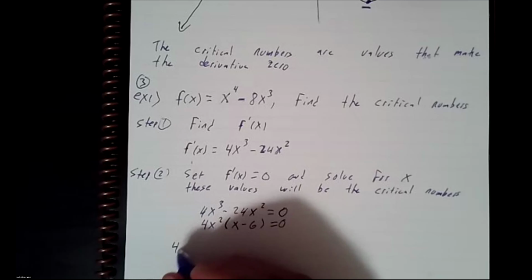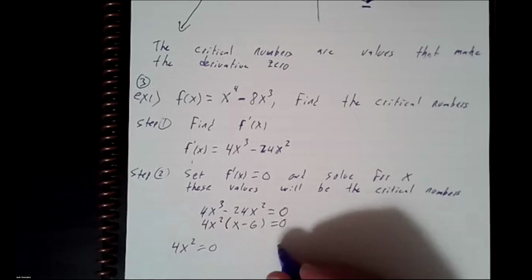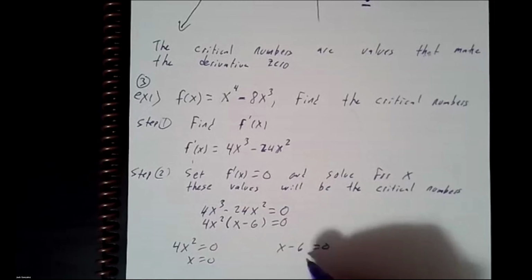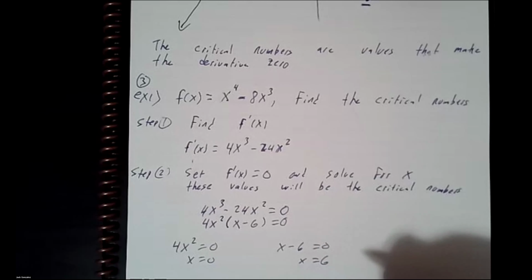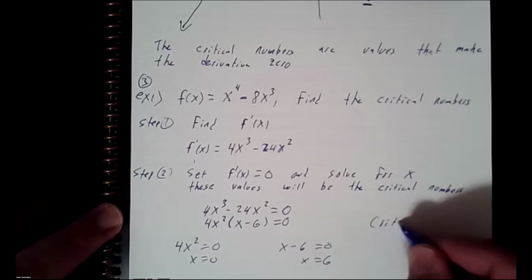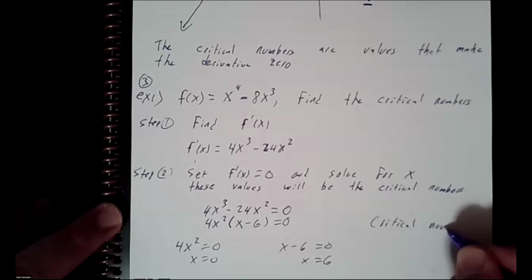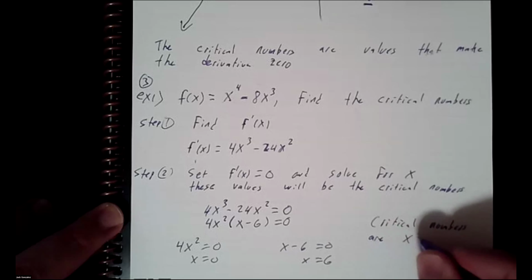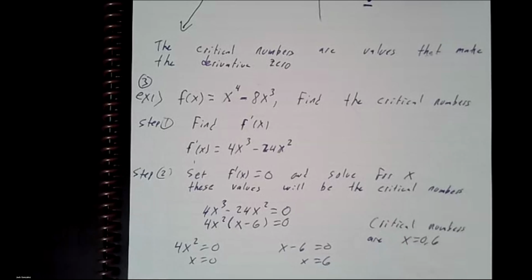So set each part to 0 like we always have. So x is 0 and x is 6. So critical numbers are x equal to 0 and 6.